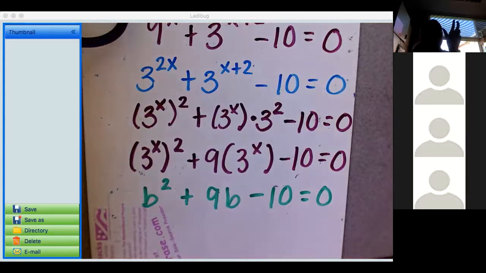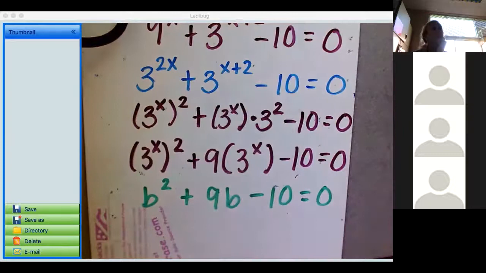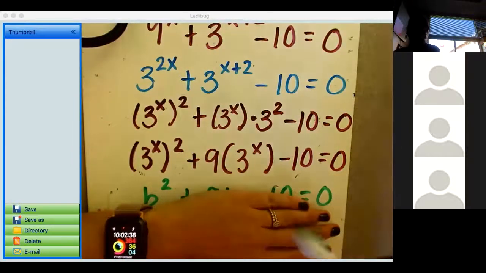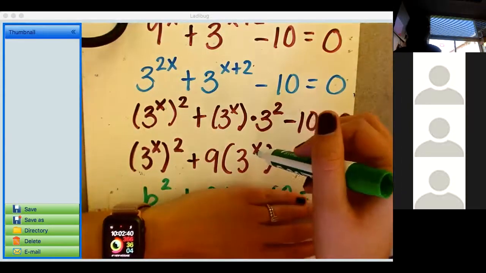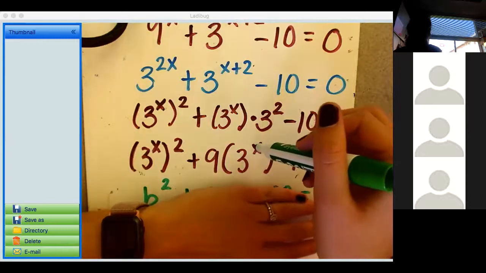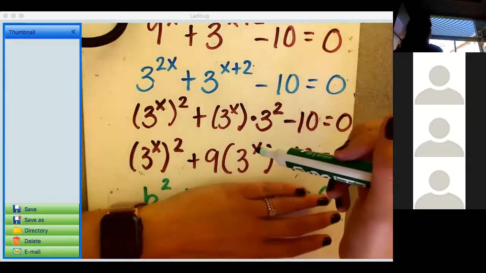Put something in to hold the place of the 3 to the x. Why do you think I told you to put in a placeholder? Good, you can't factor 3 to the x. And it also just looks crazy. That's the other reason, but you also can't do it.